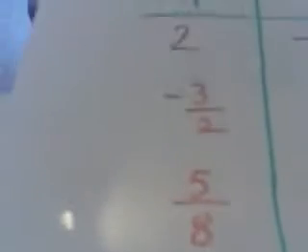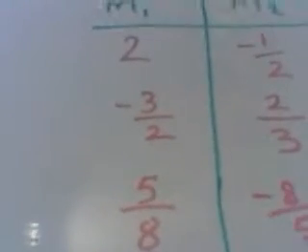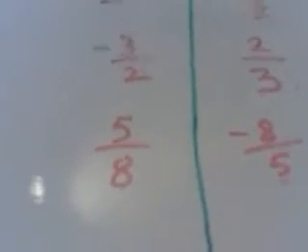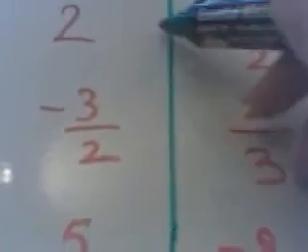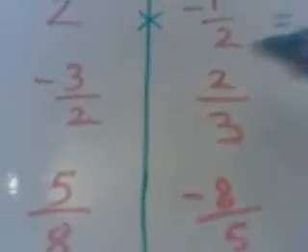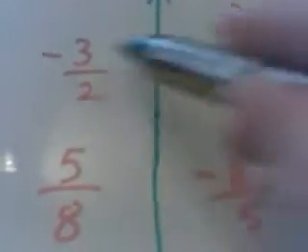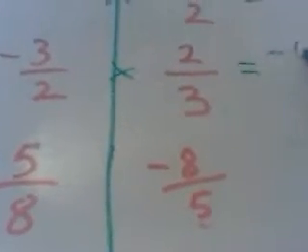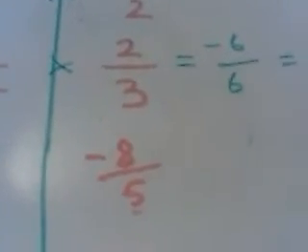Right then, I've added in some more, or one more, to see if what you did worked. I'm hoping that you've realised that when you multiply these two together, you get the answer of -1. If we look at this, -3 times 2 is -6, over 6 is -1.